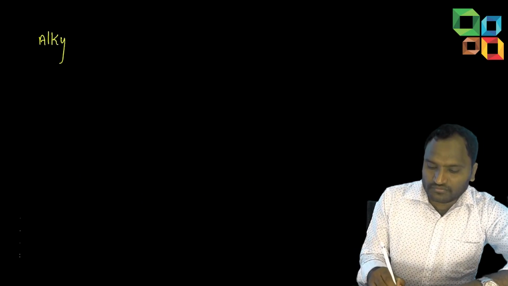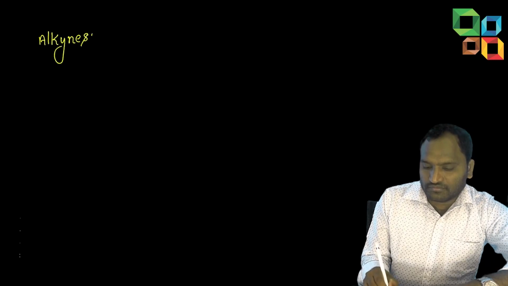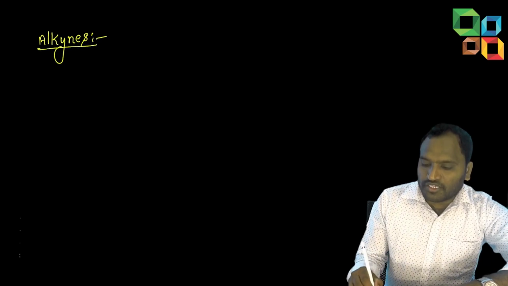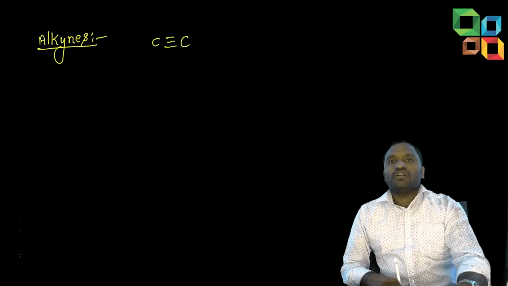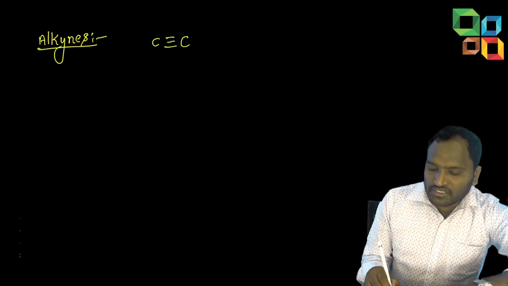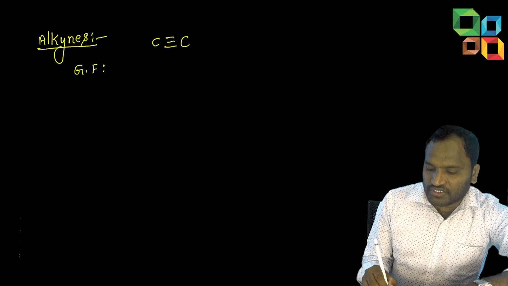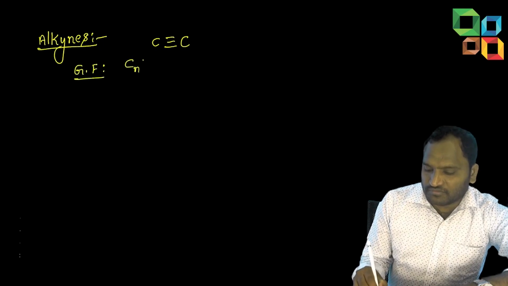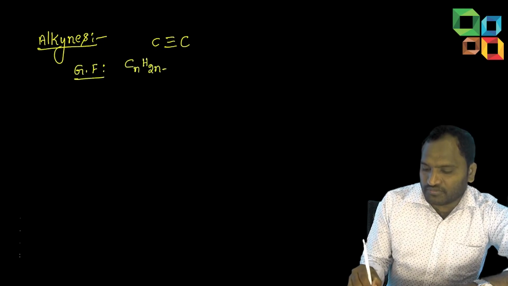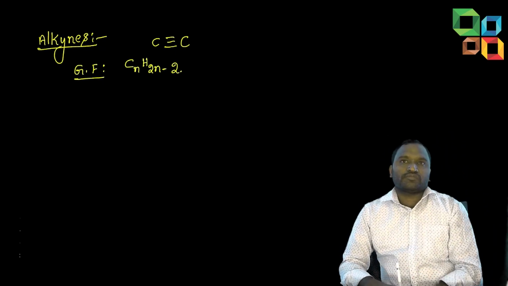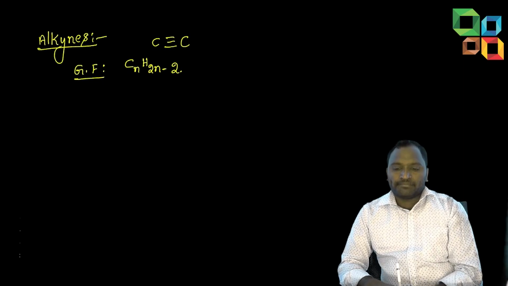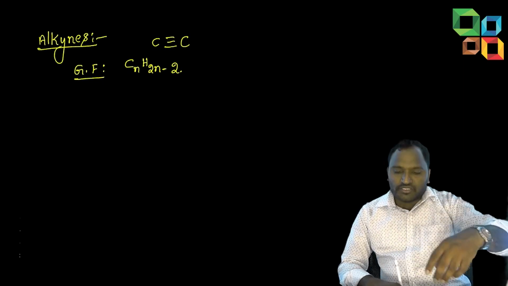Next one, alkynes. Alkyne means the compound contains at least one triple bond. The general formula of alkynes is CnH2n-2.